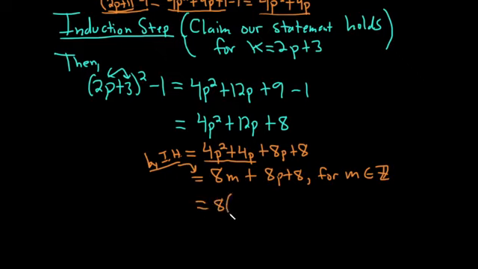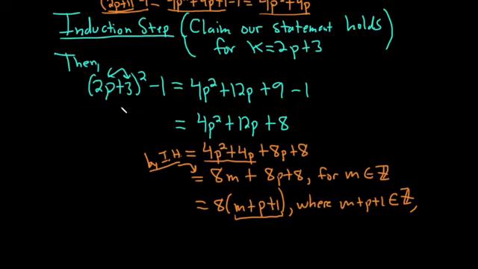So this is 8 times m plus p plus 1, where m plus p plus 1 is an integer. So we've shown that this is a multiple of 8. So 2p plus 3 squared minus 1 is divisible by 8.